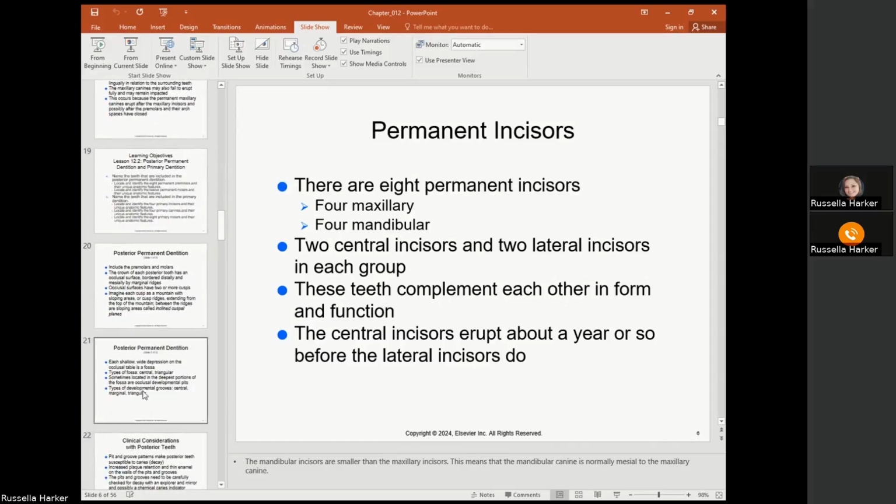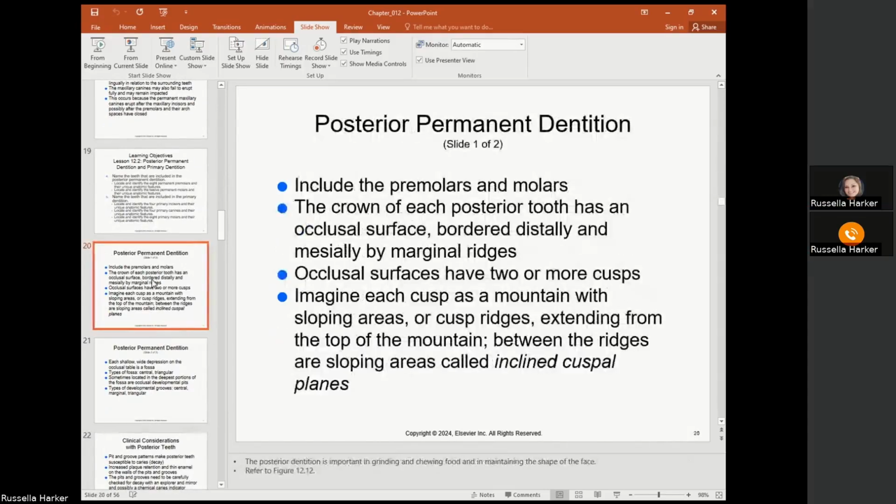Now, when we go on to the posterior permanent dentition, it includes the premolars and molars. The crown of each posterior tooth has an occlusal surface where the anterior teeth have the incisal edge. They don't have an occlusal surface because the incisal edge is for cutting into things, or incising.